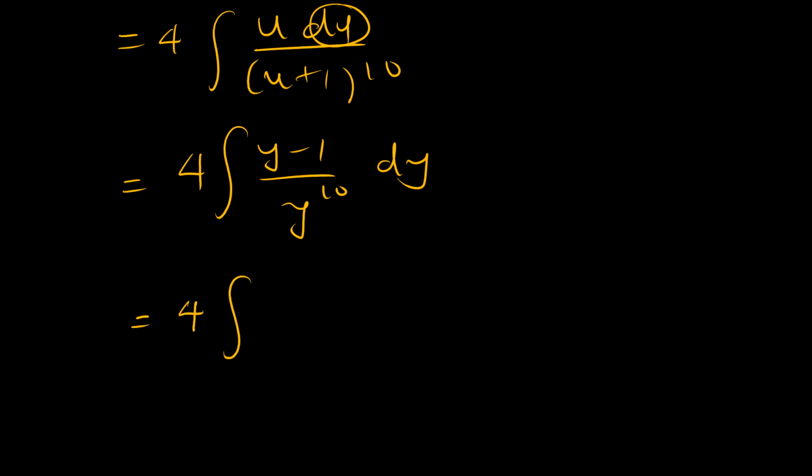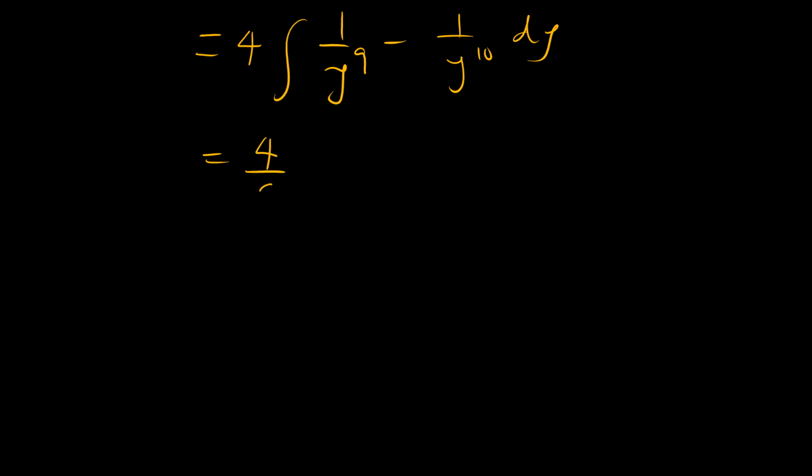We have 4 times 1 over y to the power 9 minus 1 over y to the power 10 dy. So things are actually very integrable now, and we'll keep solving that.